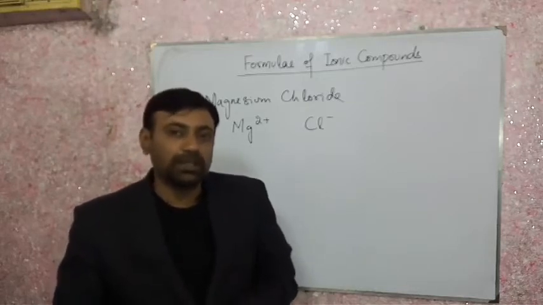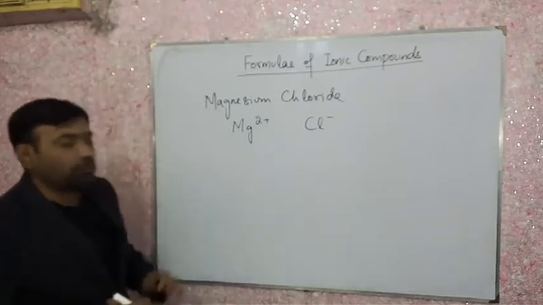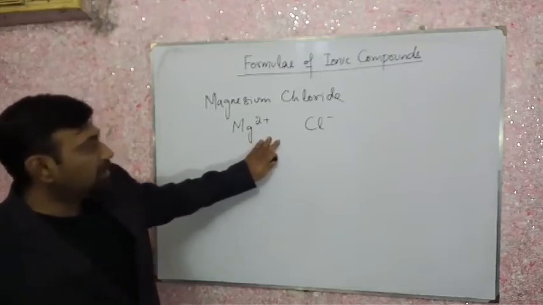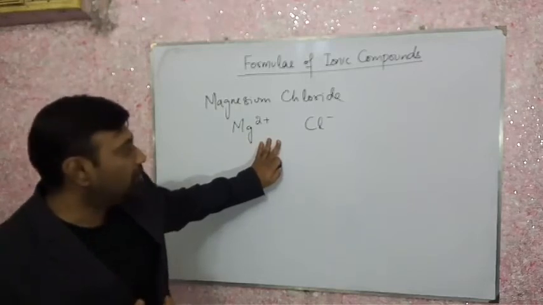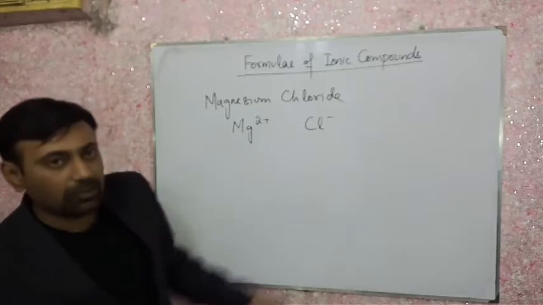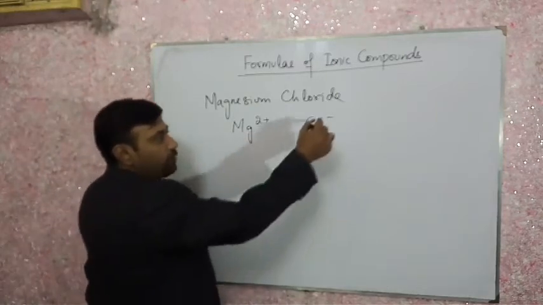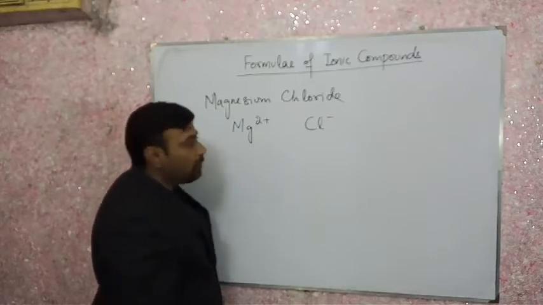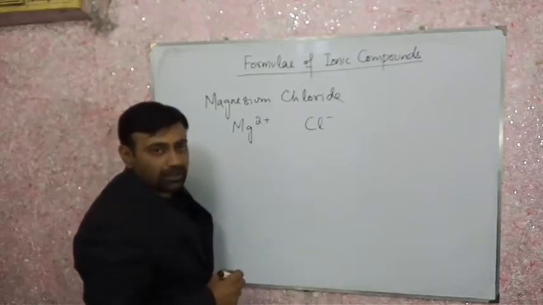It is neutral. So we have to balance out the positive and negative charges. So this means these charges are actually not balanced here. Positive ion has a charge of 2 plus while negative ion has a charge of 1 minus.